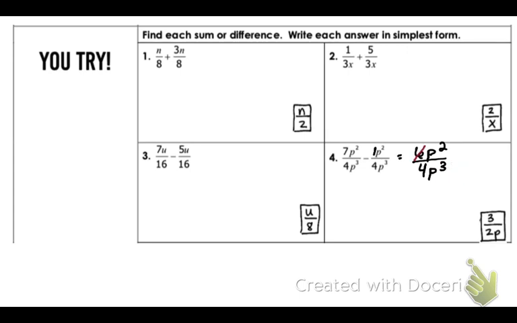So I'm going to simplify these by 2. This is going to give me 3, and that'll give me 2. Now, quotient rule here, the exponents, you can subtract them because of quotient rule. So that means I'm going to be left with 3 at the top, and then 2p, because I'm going to do 3 minus 2, and it stays at the bottom because it's bigger. So then that's how I get my answer.